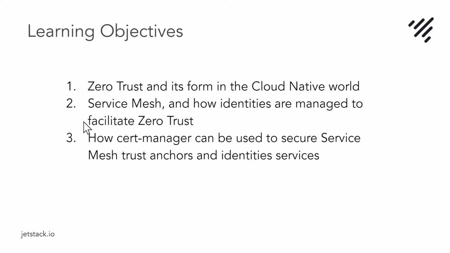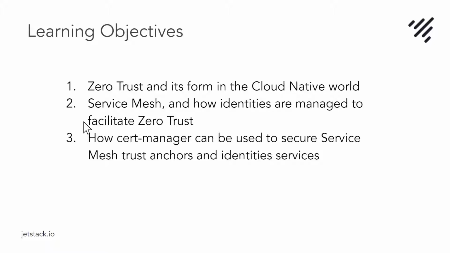So today, as I said, we're looking at zero trust. Of course, zero trust is quite a buzzword, but we're going to look at it specifically in the context of cloud native and what it means for Kubernetes, and also what it means in a service mesh. How you can achieve zero trust using the identity management that service mesh provides.